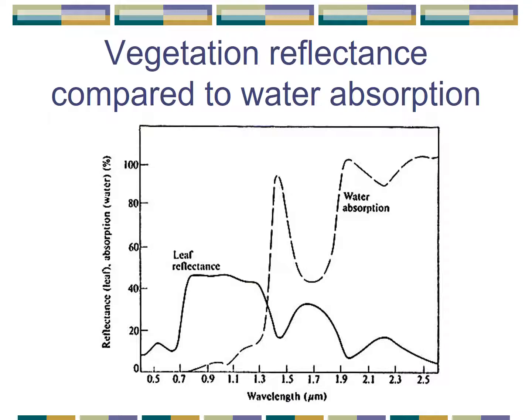We start off across the visible spectrum, low in the blue, high in the green, low in the red, jumps up in the near infrared, runs across, and then it dips down, comes back up, dips down, comes back up, dips back down. Everywhere that it dips down as it goes to the right, after about 1.2 or so, you get the little valley.